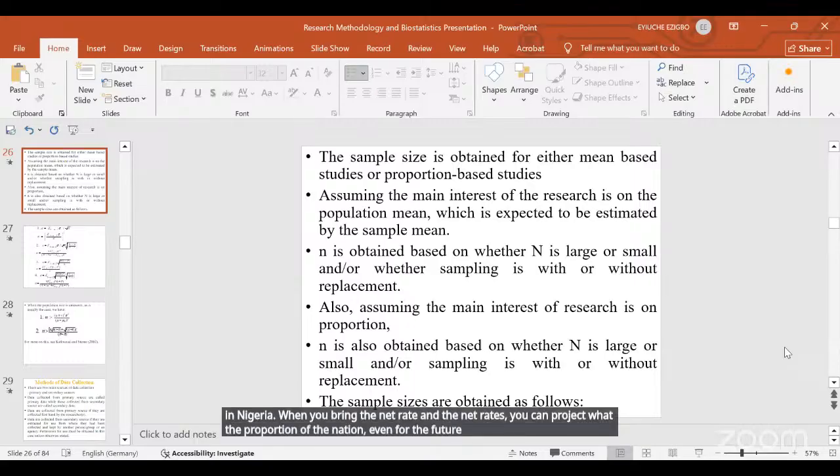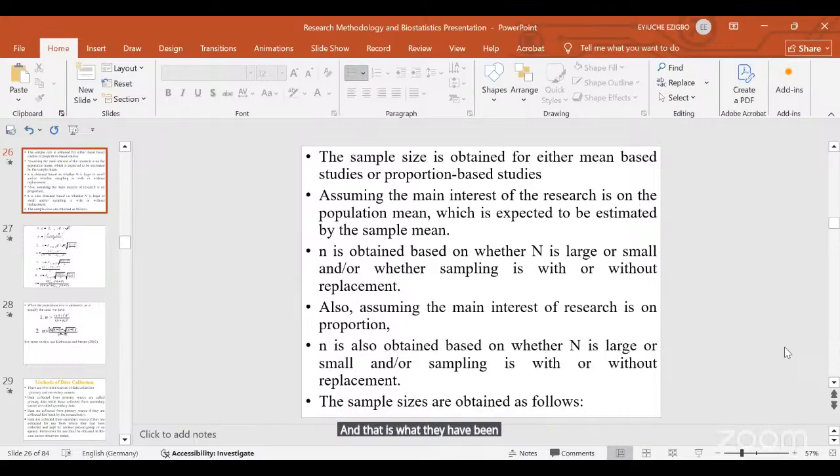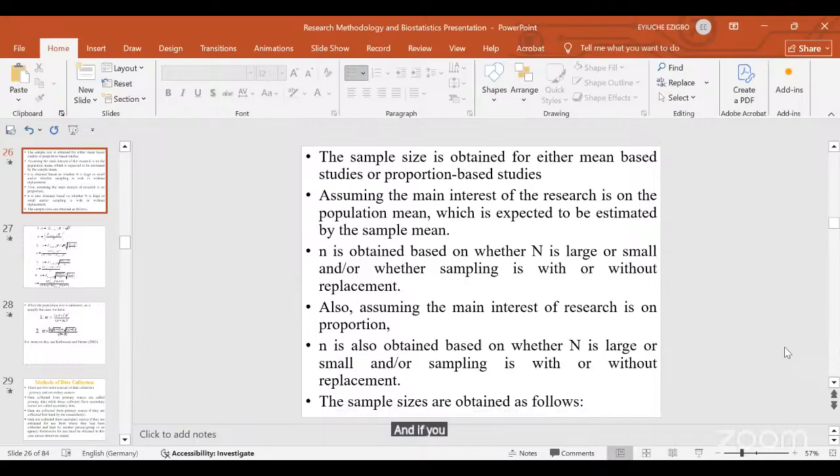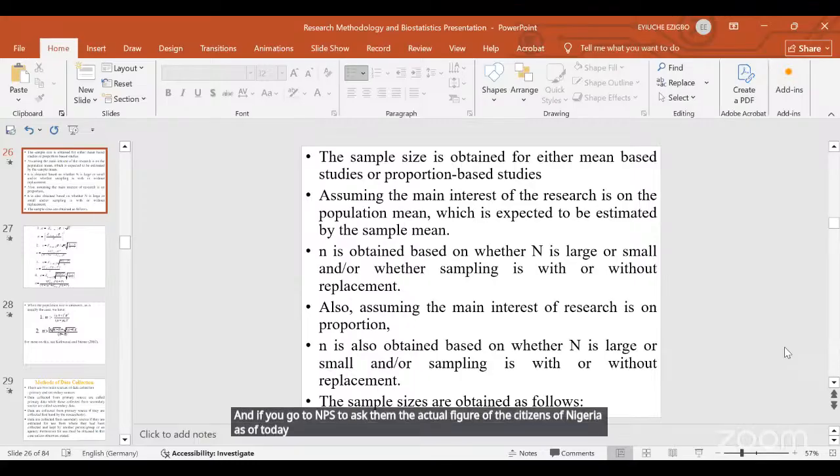They have been using so many indicators, factors that affect population, to estimate the population of Nigeria. And that is why maybe they can say that in Nigeria today we are over 200 million people. If you go to the NPS to ask them the actual figure of the citizens of Nigeria as of today, they can give it to you.